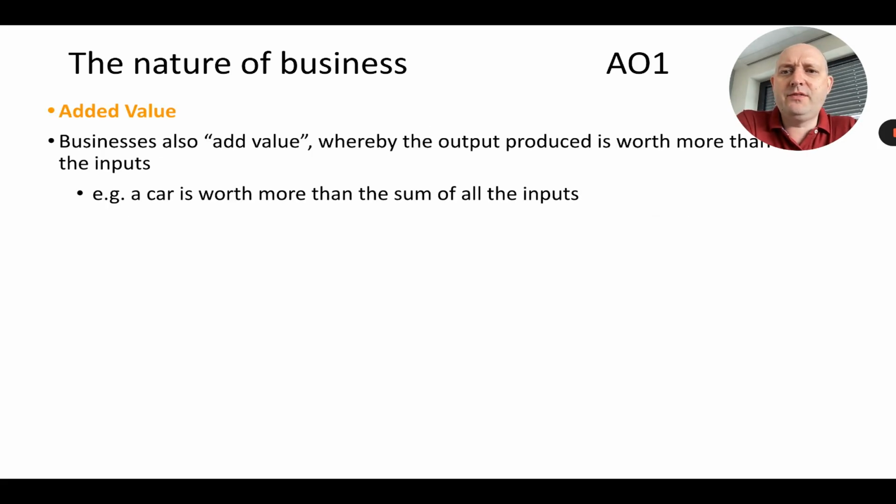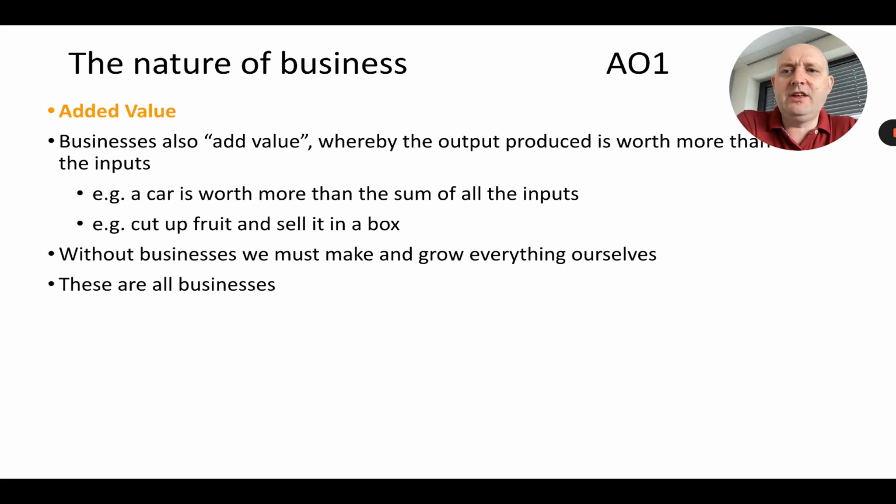Another way of saying it is that businesses add value. There's this thing called added value, where basically the output is worth more than the sum of the inputs. If you look at a car company, for example, it will have lots of inputs: people, machinery, metal, rubber, etc. They take all those inputs and manufacture them into a finished car.